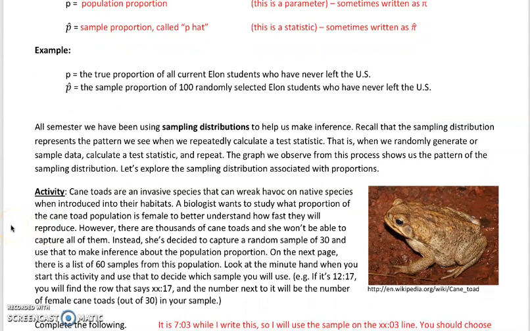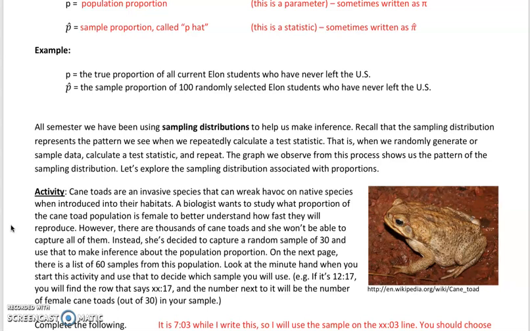So I've got an activity set up that is going to look at this population of cane toads. Cane toads are an invasive species where if they are introduced into a habitat that they aren't native to, they can really wreak havoc on some of the native species. So let's say that we're a biologist and we want to study what proportion of this cane toad population that we've found is female.